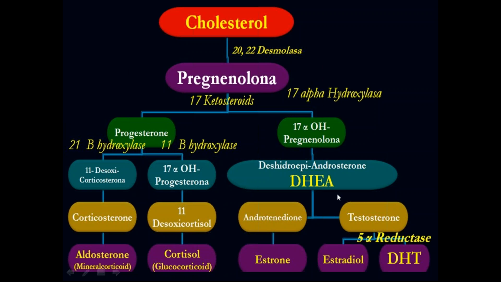What they produce here is pregnenolone, which is a precursor of DHEA, dehydroepiandrosterone, and it turns into testosterone and then into DHT. And the enzyme used to produce the strongest androgen, DHT, is the 5-alpha reductase.